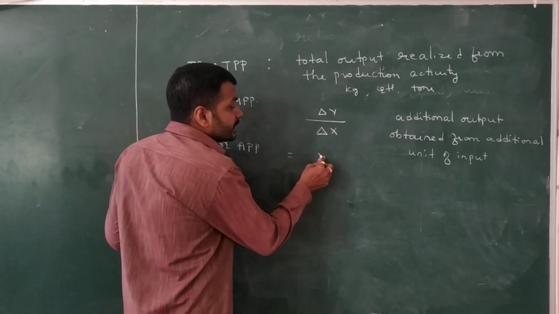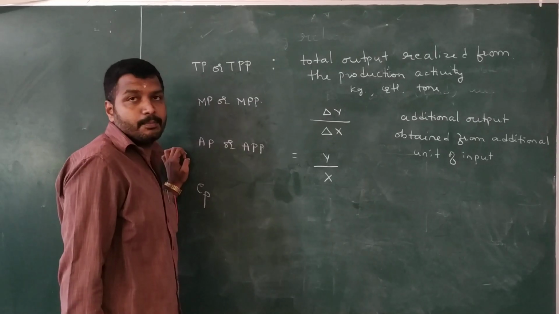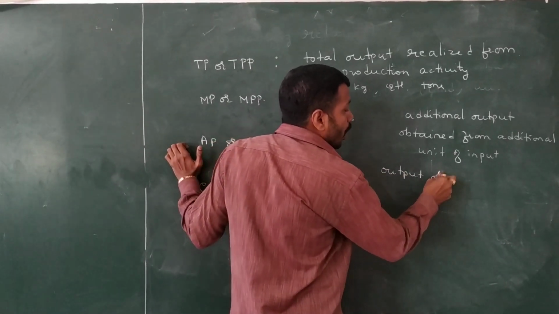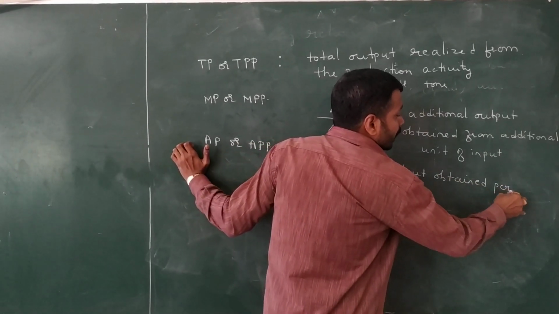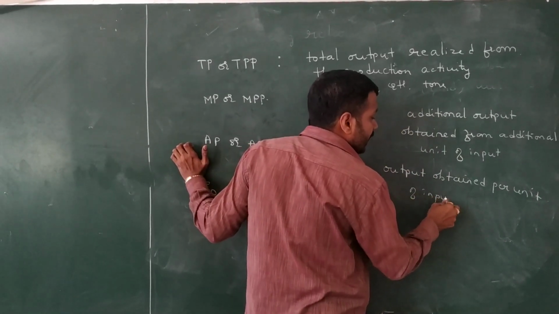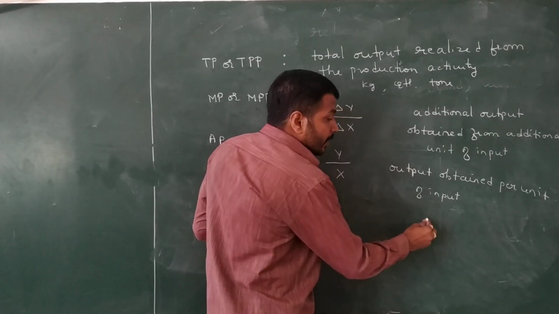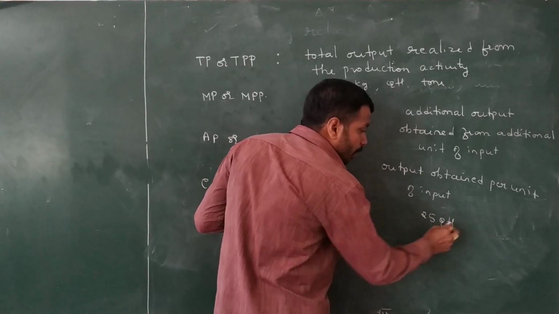Here it is the output obtained per unit of input. Supposing you take paddy, from an acre you can get 25 quintals of output.